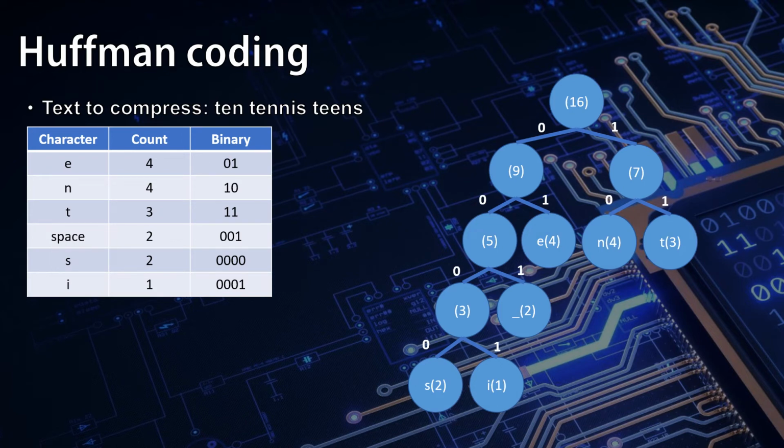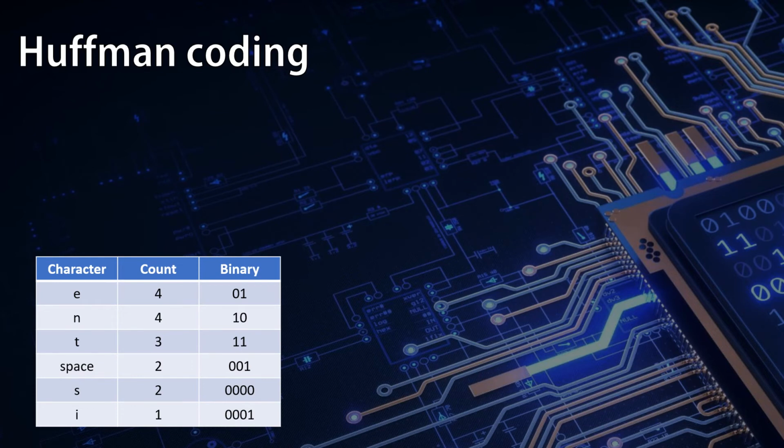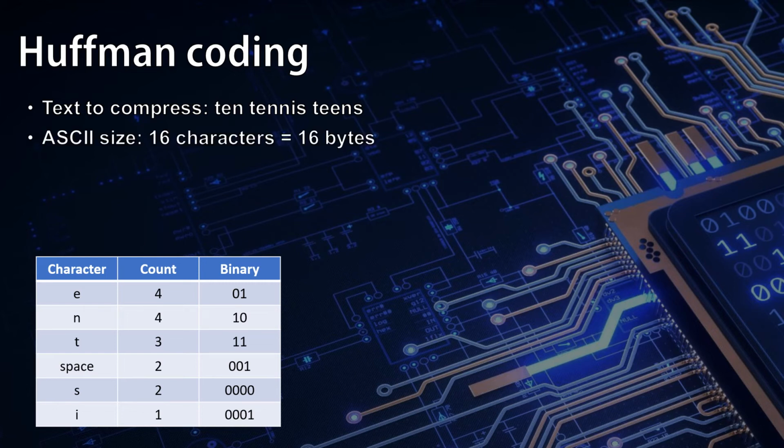You won't be asked to create a Huffman tree, just to be able to interpret a Huffman tree and read from them. You need to be able to calculate the savings from using Huffman encoding. When we compressed "10 tennis teens", that is 16 characters, which in 8-bit ASCII would be 16 bytes.